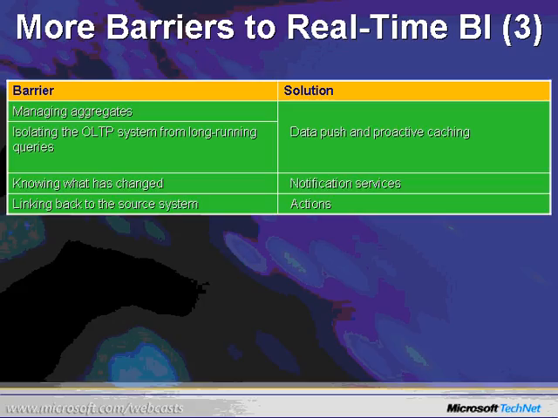This is where we have some things that are nice, and you're going to see one of them in just a second, called data push and proactive caching, that's going to allow us to see that data and work with it very easily. And we'll talk about proactive caching a little bit later in the webcast, but it's very exciting: how we work with our actual environment, how we work with our data inside of our databases, and how we can make sure that cache is as up to date as we can make it.